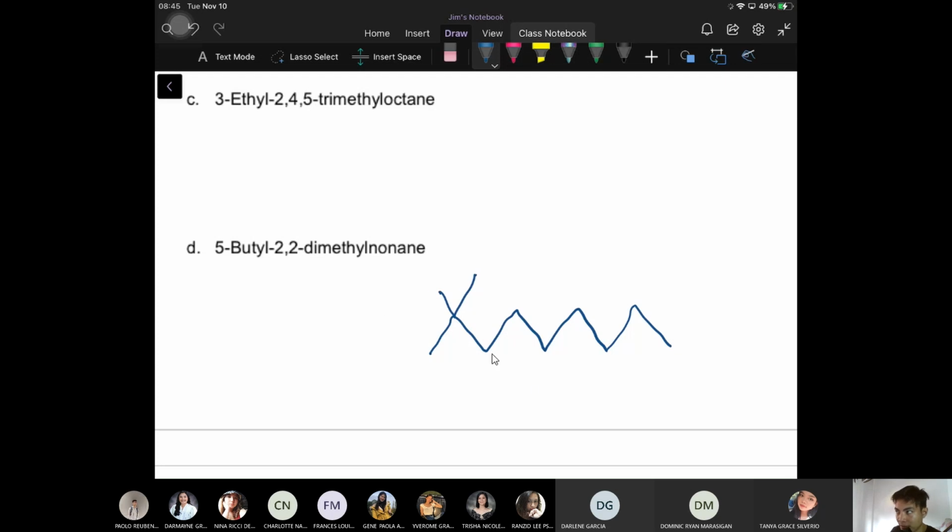On the fifth carbon, you have a butyl. 1, 2, 3, 4. Okay? So again, imaginary hexagons. Just make imaginary hexagons so your bond angles are better. So, that's all.